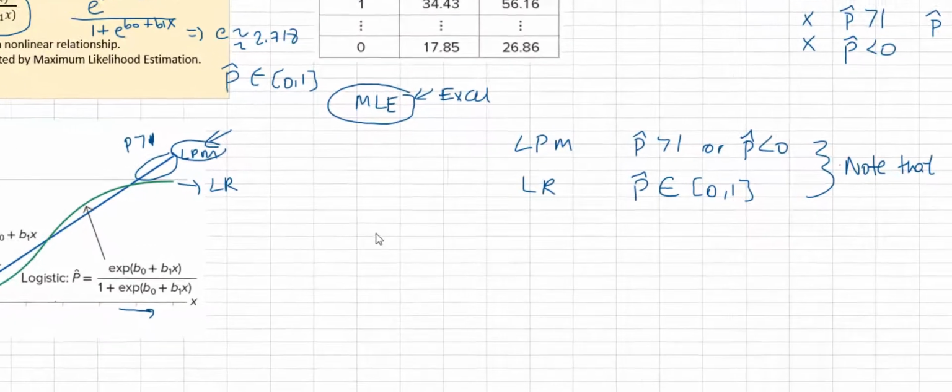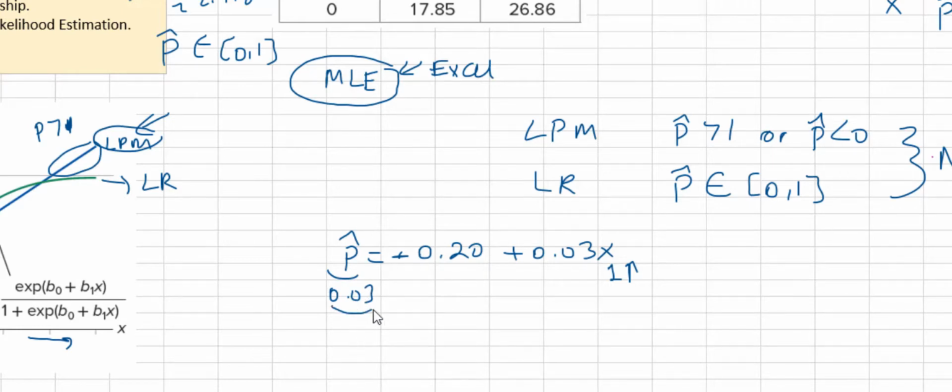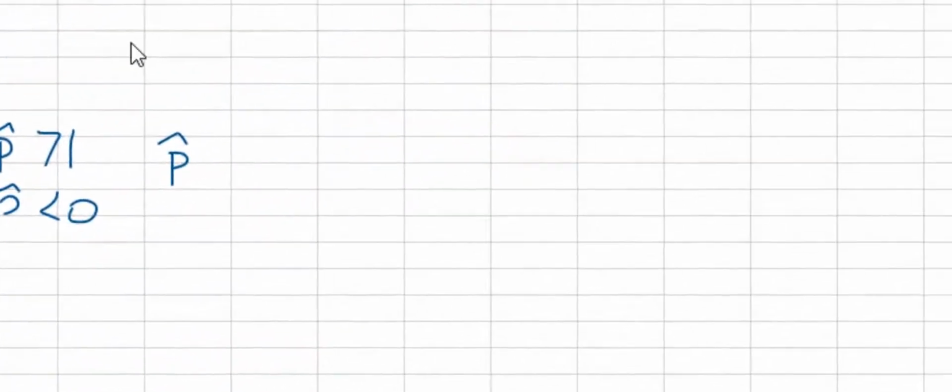For instance, if the estimated probability model is P hat equals negative 0.2 plus 0.03x, it implies that for 1 unit increase in x, the predicted probability increases by 0.03. And note that predicted probability increases 0.03 whether x increases from 10 to 11 or from 20 to 21.